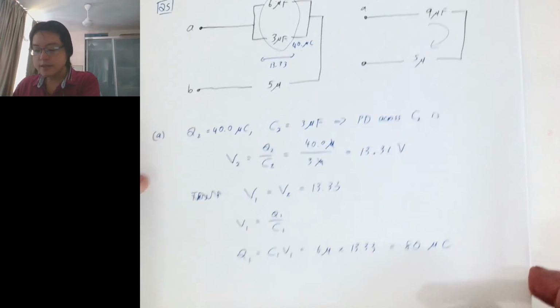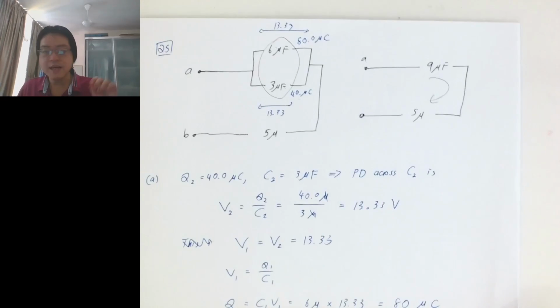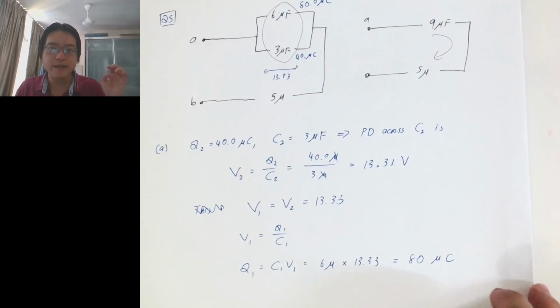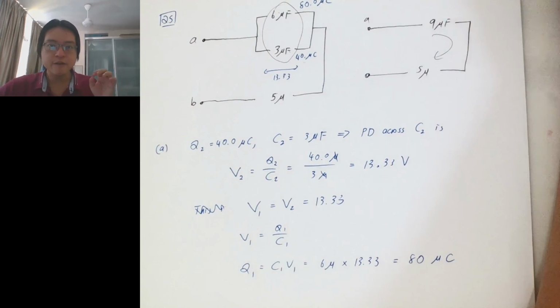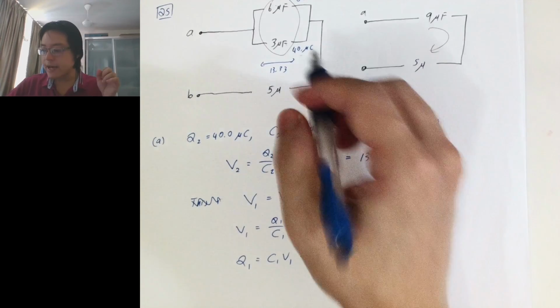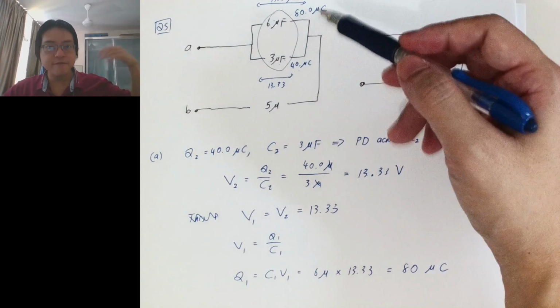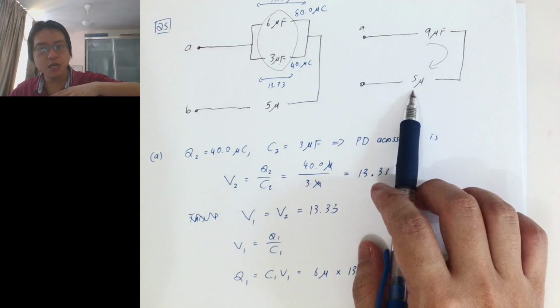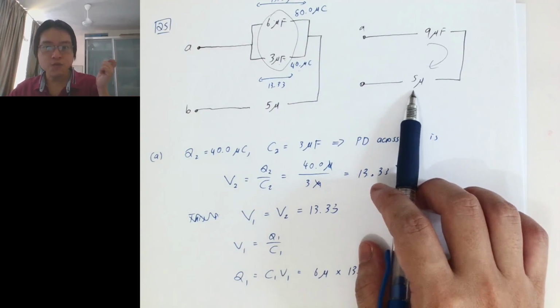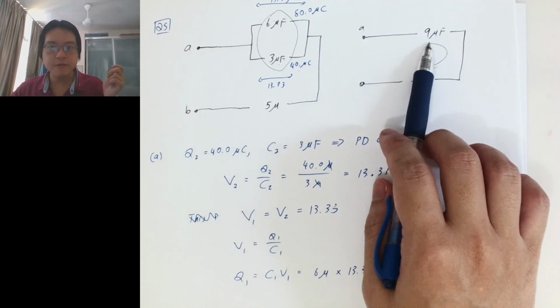Right? Now here comes the trick. I think this is where it's slightly tricky if you're not familiar with the concept. So I have found the C1 charge, I have found the C2 charge. How do I use this information to get the charge on C3? What we do know is, I can get the equivalent capacitance.